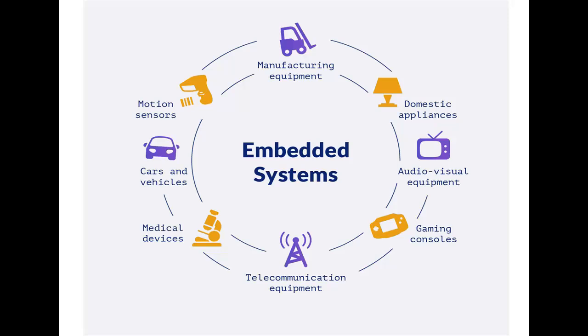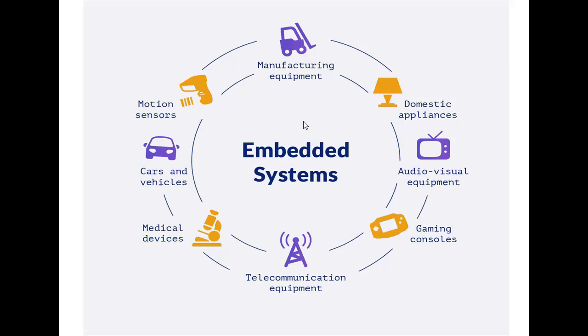If we discuss the layered architecture of an embedded system, there are three layers: the inner layer is the hardware, the middle layer is the operating system, and the outer layer is the application. Without an operating system it's usually not possible to design an embedded system, but in some cases you can design one without an operating system also.